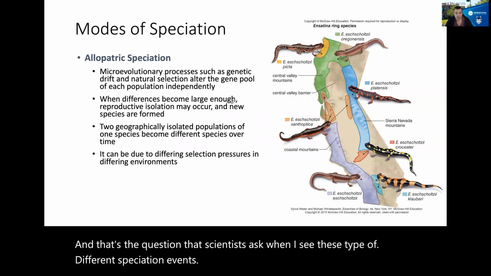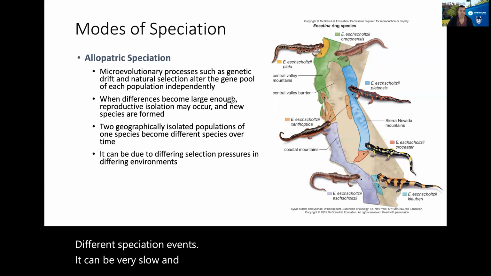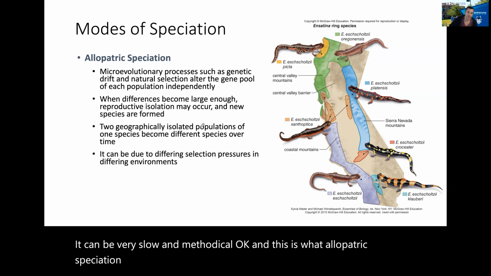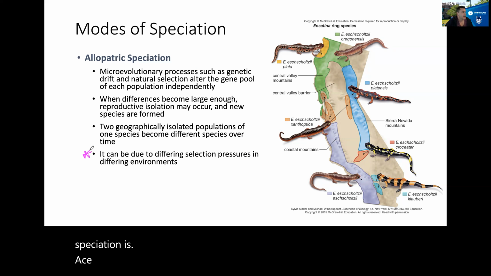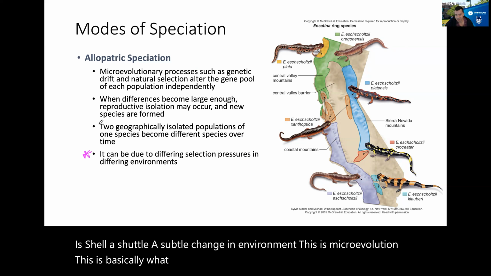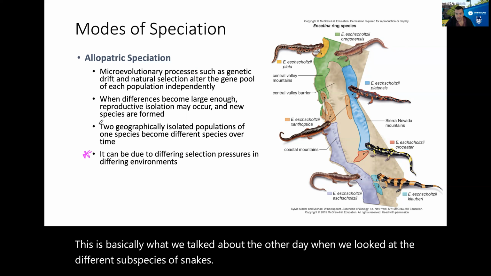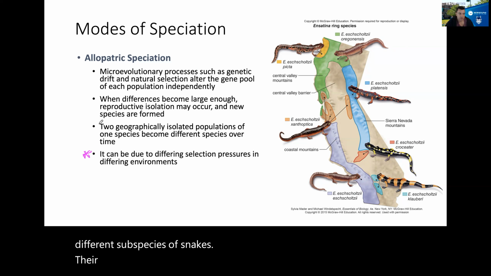It can be very slow and methodical. And this is what allopatric speciation is. A subtle change in environment. This is microevolution. This is basically what we talked about the other day when we looked at the different subspecies of snakes. They're adapted for their individual locations, their individual environments.